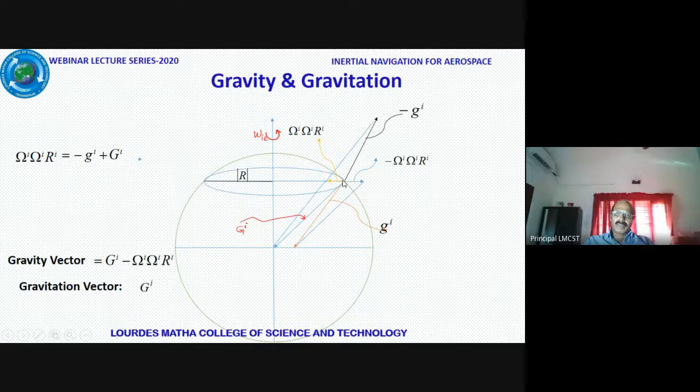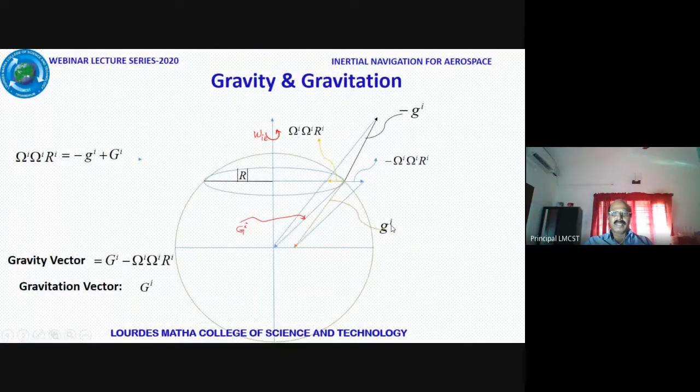And this vector is outward. The vector sum of the gravitation and this centrifugal, the resultant, is this red line. I have completed a parallelogram here to get this equivalent gravity vector, the red line, and am calling it Gi.